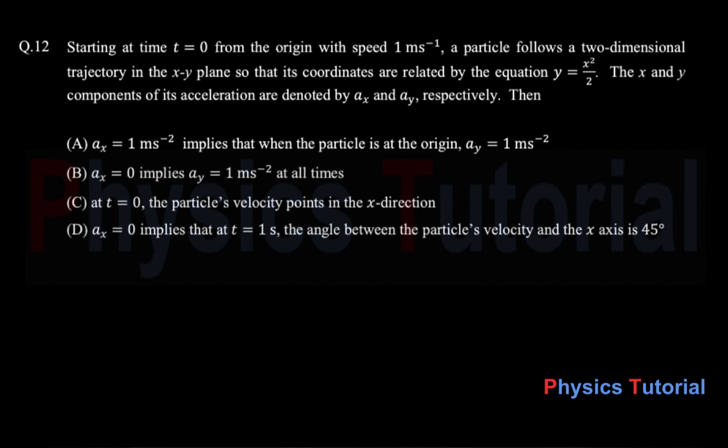That will be v square by r, and r will be treated as the radius of trajectory of this curve. So the formula of radius of trajectory you should know: 1 plus (dy by dx) whole square to the power 3 by 2 upon d square y upon dx square. You can use this formula directly and you will get the result.